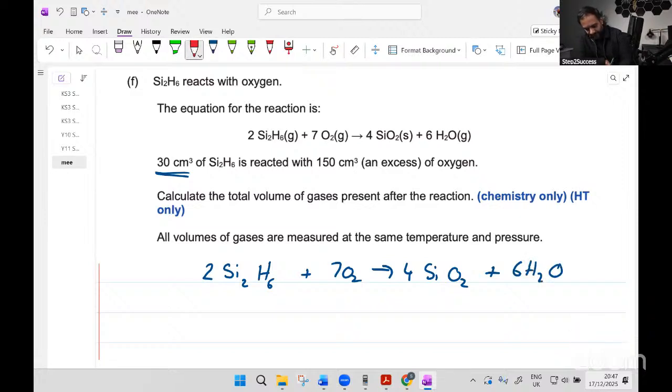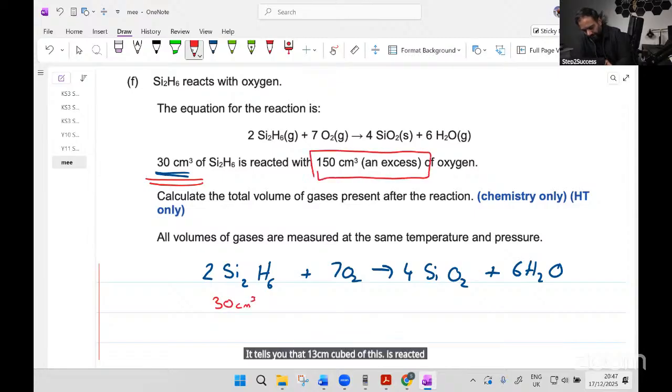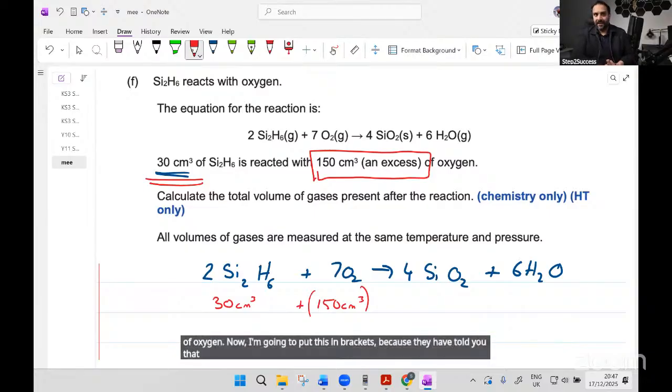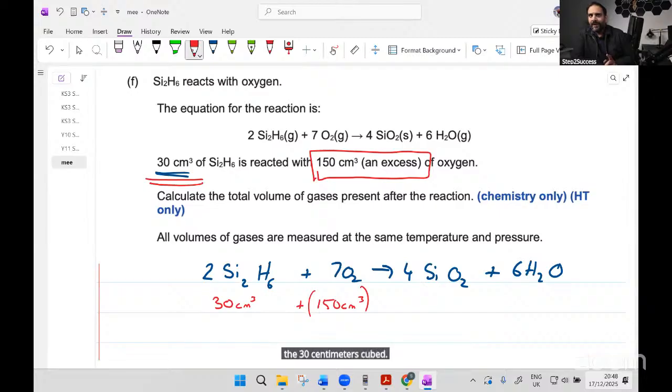It tells you that 30 centimeters cubed of this is reacted with 150 centimeters cubed of oxygen. Now, I'm going to put this in brackets because they have told you that this is an excess. In other words, there is more of this than will actually react with the 30 centimeters cubed. Come back to that.